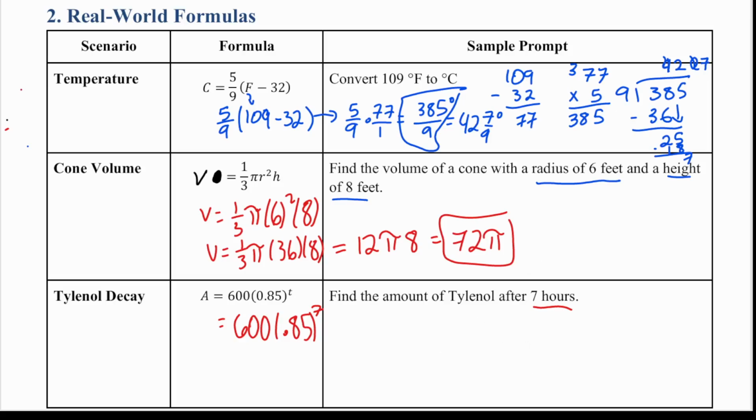This would definitely be an example that I would just do on a calculator, because while in theory we could do 0.85 times itself 7 times, I don't think you guys want to watch me do that live on a video. So that would give you approximately 192.35 milligrams, or whatever the units are in this problem, left in the system.